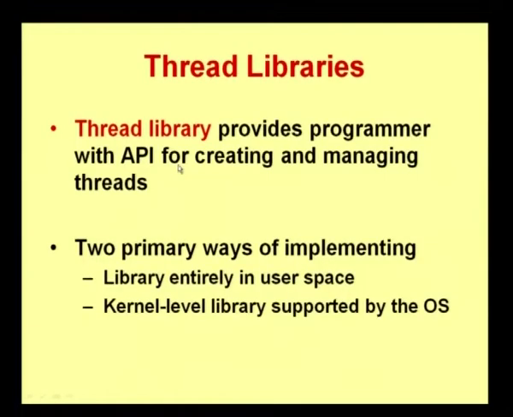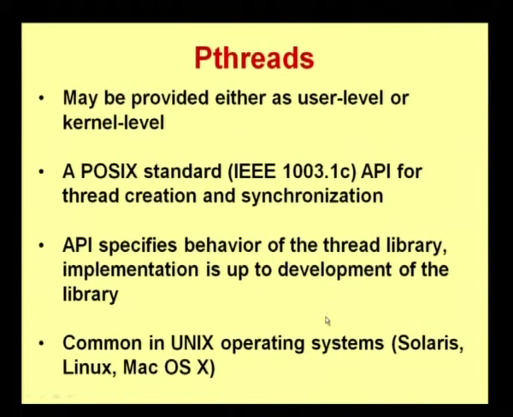The thread library provides the programmer with an API for creating and managing threads. There are two primary ways of implementing it: one is the library entirely in user space, the other is a kernel-level library supported by the operating system. Now we will see about a pthread.